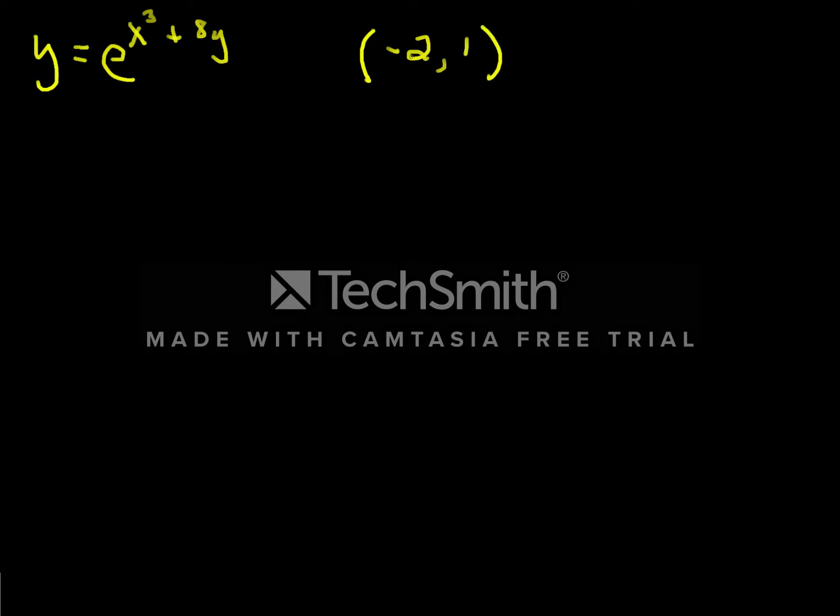Now, first, you should take x as being -2 and y being 1, put them into this equation, and you should see that if I put a -2 in for x, that would give me a -8.